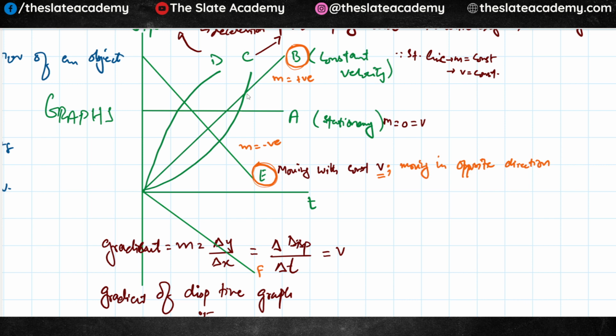So let me write over here. I have got velocity, then I use this shape, a straight line. What can you tell me about the motion of this object A? Constant velocity.